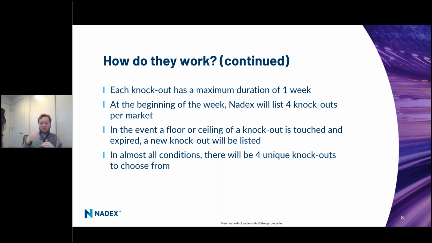If it touches the floor or ceiling, it'll expire at that point, and automatically the exchange will list a new knockout, either above in the case of a ceiling knockout or below in the case of a floor knockout. So there will almost always be 4 knockouts listed on every single market, because as soon as one ends, another one automatically comes in.